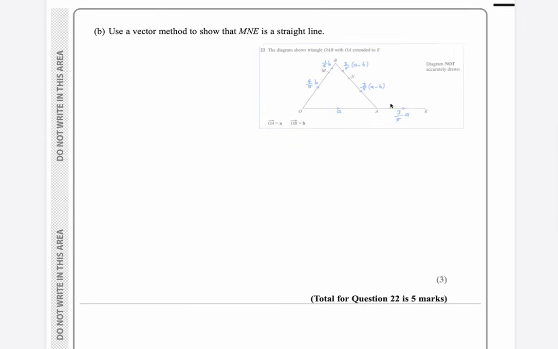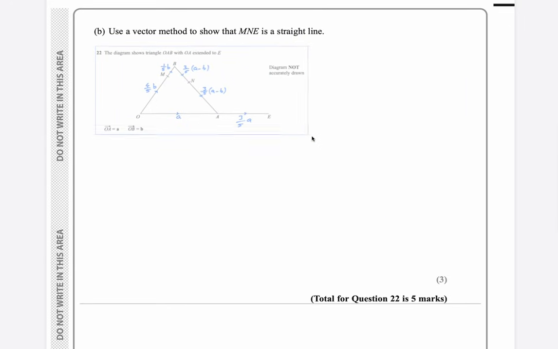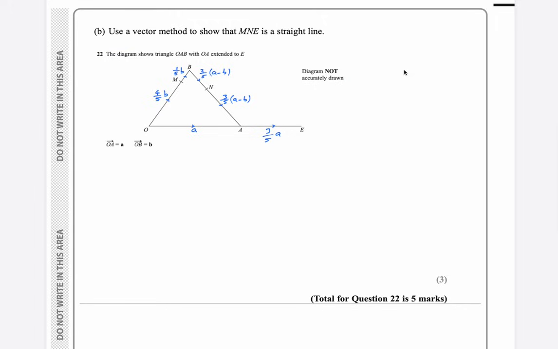Right, I need a vector method to prove that MNE is a straight line. So he's going from M to N to E. Now, guys, it's obviously not drawn to scale, but it says it very clearly. It's not drawn to scale, but that's essentially what he's doing. M through N. Okay, I'll just make that a bit bigger. Through there. That's a straight line.